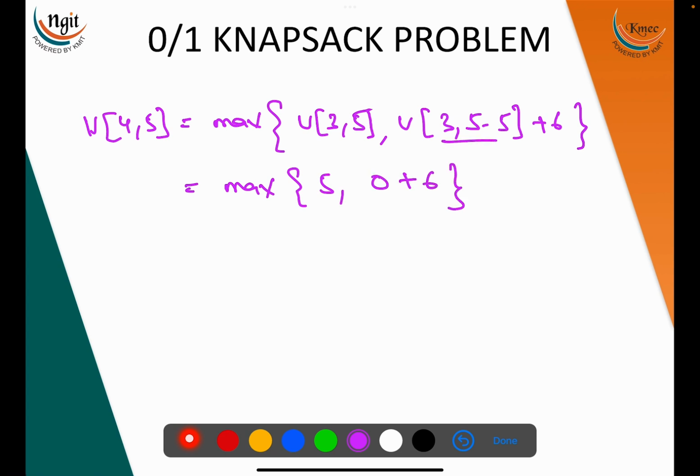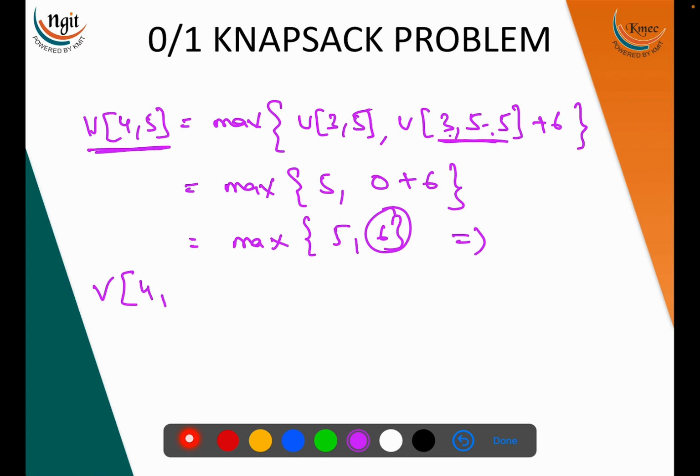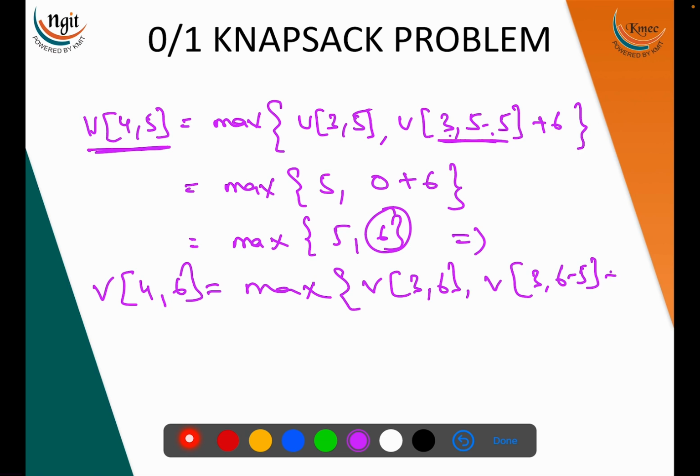From where did I get the 0? 3 comma 1. The value of 3 comma 1 from the table is 0. So which value is maximum? Maximum value between 5 comma 6 is 6. So we'll update the value 6 in the place of 4 comma 5 in the table. In the same way, you can calculate 4 comma 6. You'll get max of V of 3 comma 6, comma V of 3 comma 6 minus 5 plus 6.